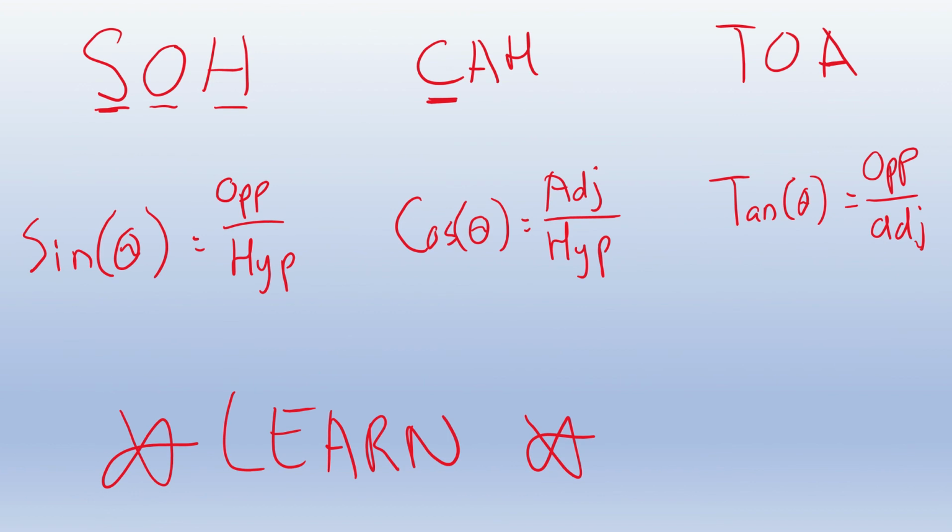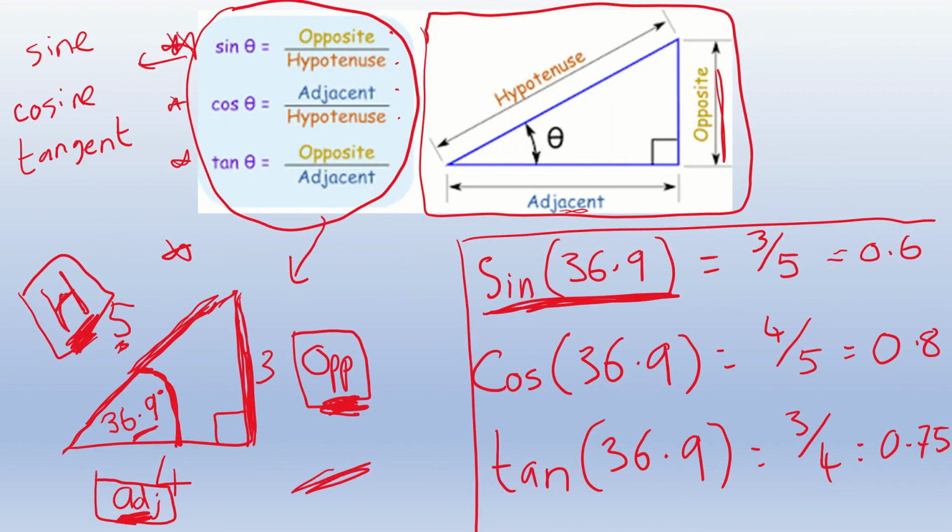So that's just sort of like an estimate of sorts for my answer. Just in regards to an exam, obviously this was just an example of showing you what's going on, like the 0.6, the 0.8, the 0.75. If you put sine 36.9 into the calculator, you'll get 0.6, but you get a few decimals after that, and that's just because I rounded the angle to make it easier on myself, just for explaining wise.